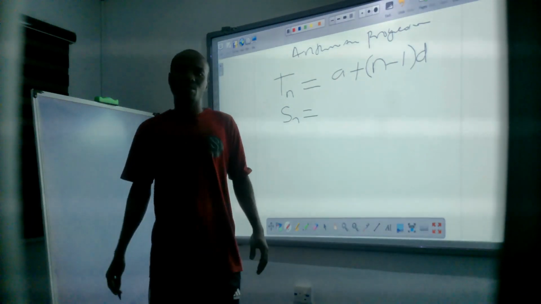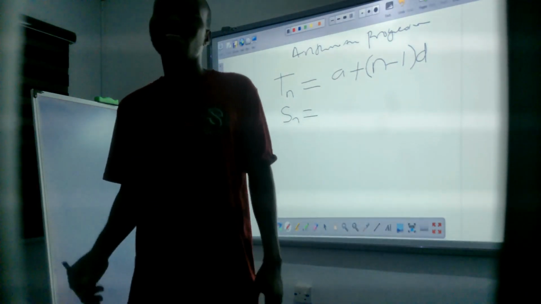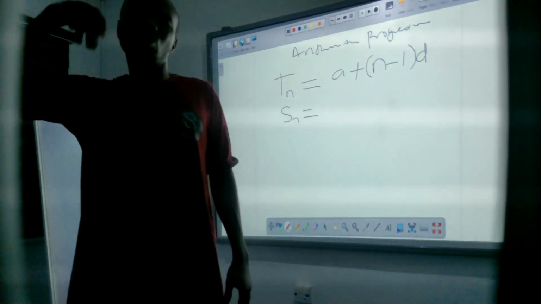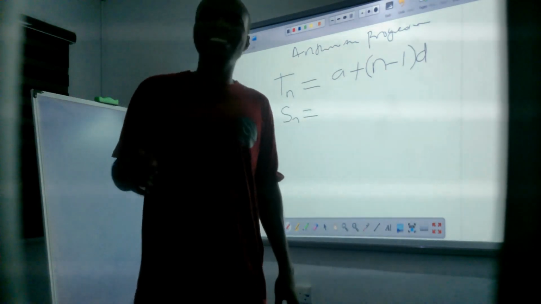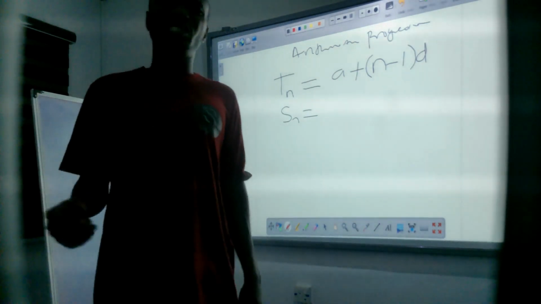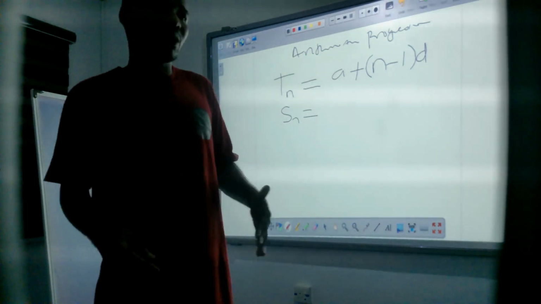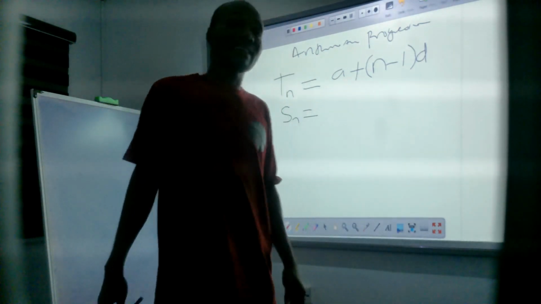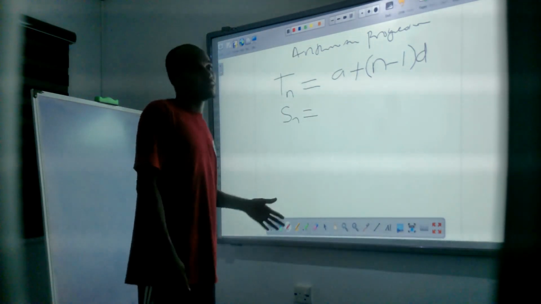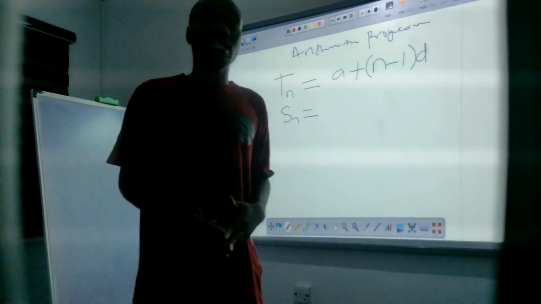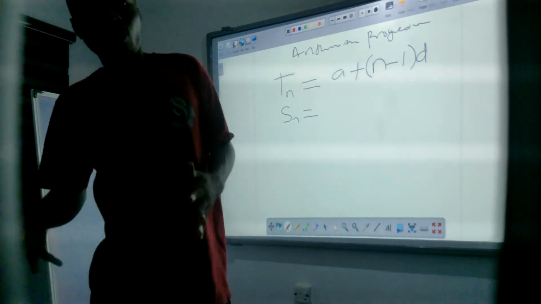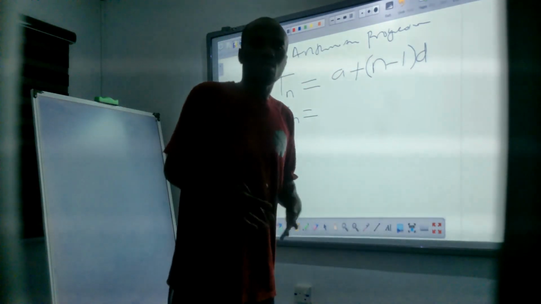Now, we will talk about the sum of the first n terms of an AP. Sometimes we want to get the sum of all the terms together from the first to a particular term. For instance, the sum of the first 10 terms of an AP.